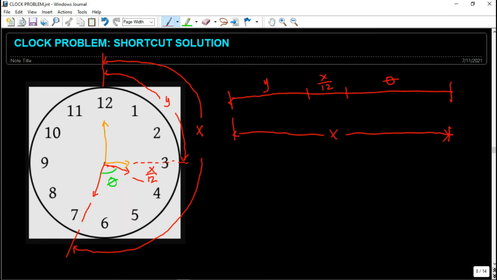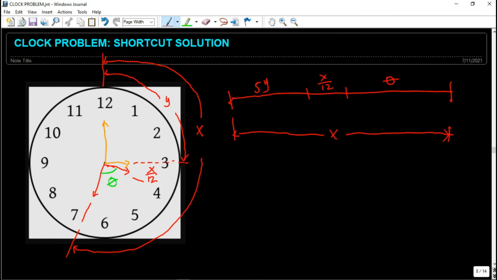So, etong y is in terms of our spaces. Okay, we all know that eto si x, this is minute spaces. Eto si x/12 minute spaces also. Therefore, etong si y at saka si theta should also be in minutes spaces. So, since na si y dito is in hour spaces, i-convert natin siya into minute spaces by multiplying 5 to that y.